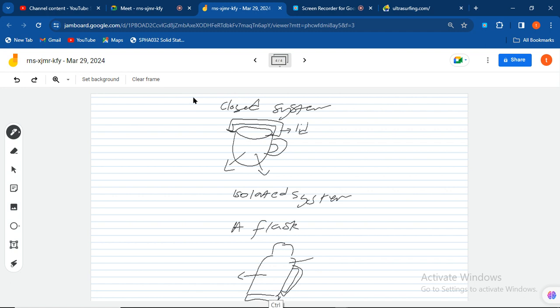So we call it an isolated system. And also matter is not lost because we have closed the lid here. So matter and heat are not transferred.